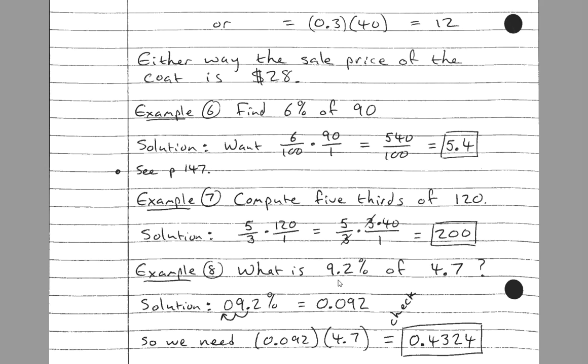Okay, here's a more complicated one. Example 8. What is 9.2% of 4.7? All right, so here we have a decimal. We also have a percent that's a decimal.